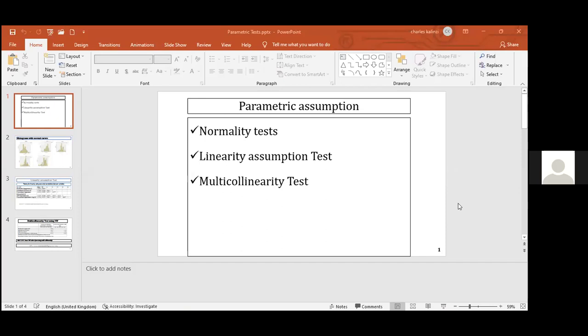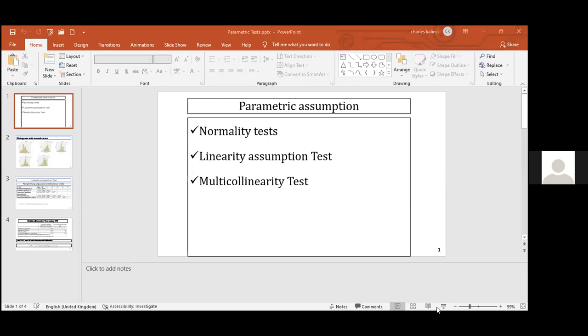For instance, this is the file from the link of parametric results, showing whether the parametric assumptions of normality, linearity, and collinearity were achieved.